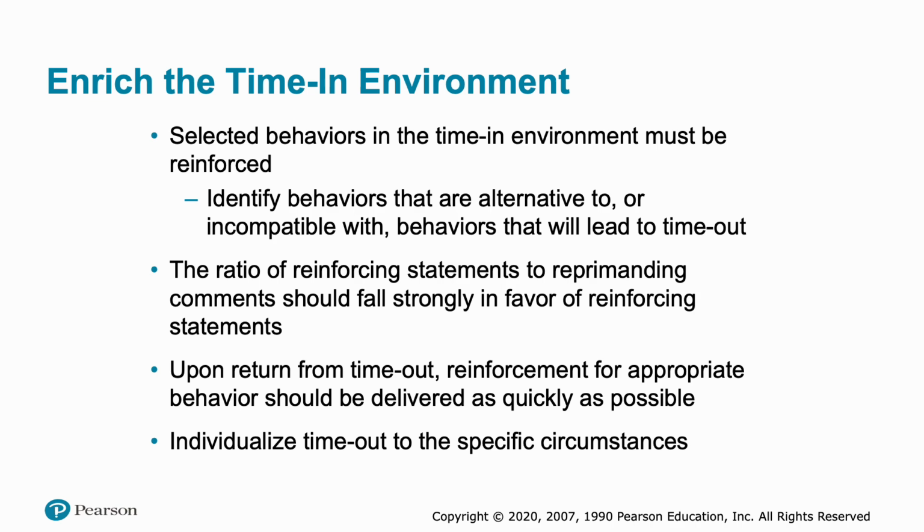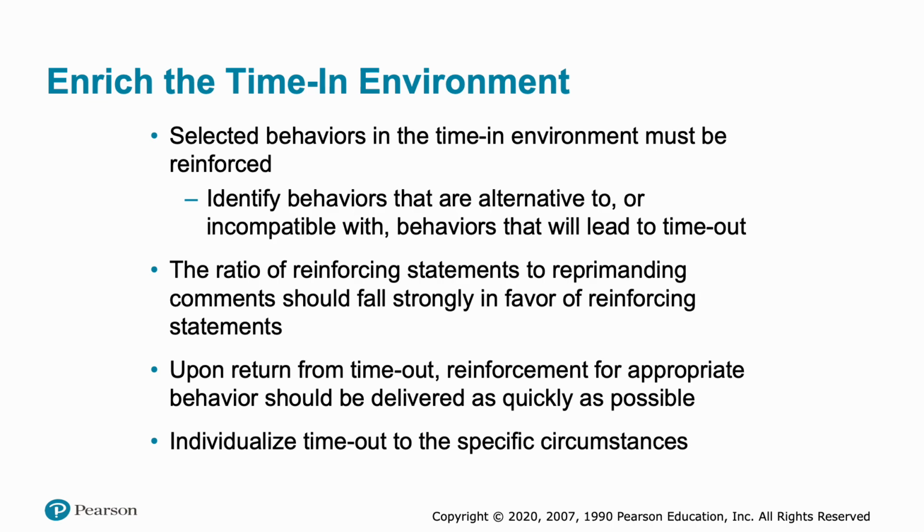Let's say, for example, that the problem behavior that the person is being put into timeout for is walking around the room. Well, then you can teach an incompatible behavior to walking around the room, and you want to reinforce that incompatible behavior. An incompatible behavior for walking around the room would be sitting down in your chair or engaging in a particular activity. So you want to think, are there any behaviors that are incompatible with the problem behavior that I can reinforce?